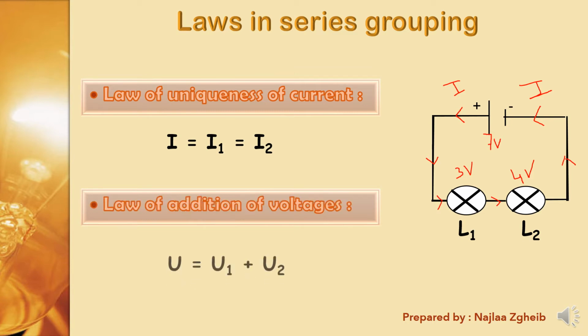This law is called the law of addition of voltage. The symbol of voltage is capital U. U equals U1 plus U2. U is the voltage of the dry cell, U1 is the voltage across L1, and U2 is the voltage across the lamp L2.